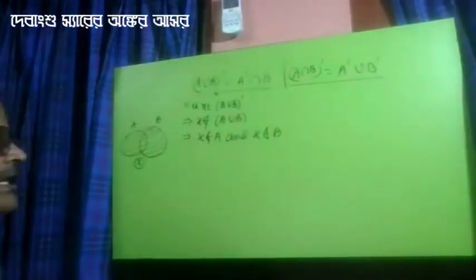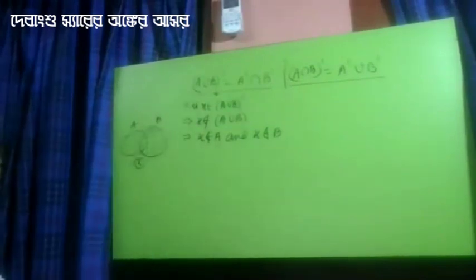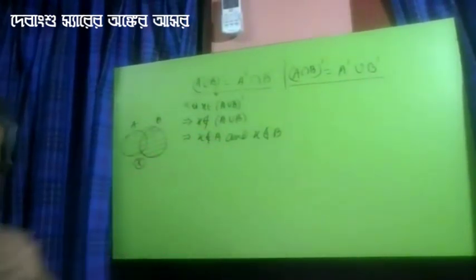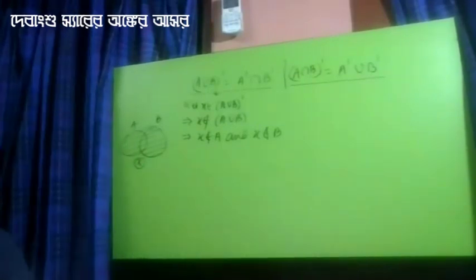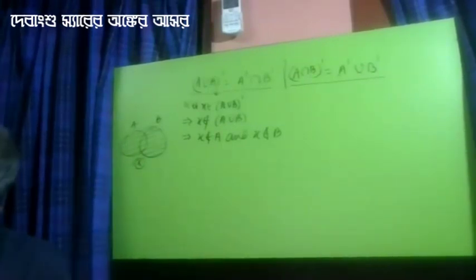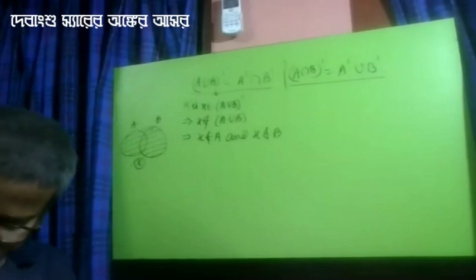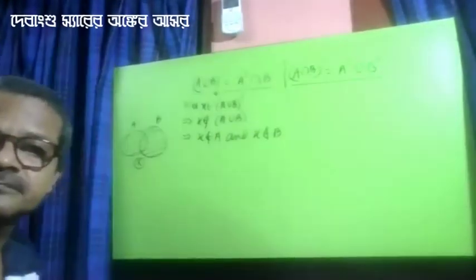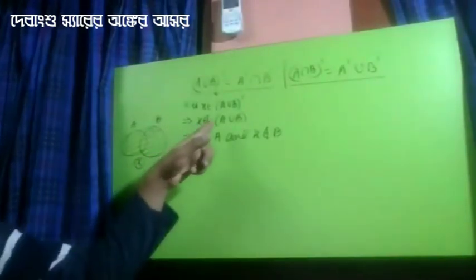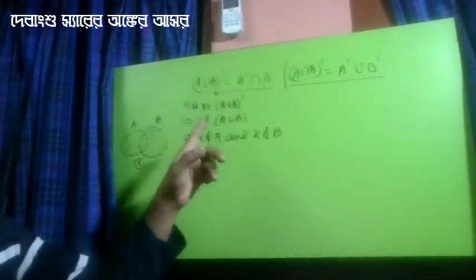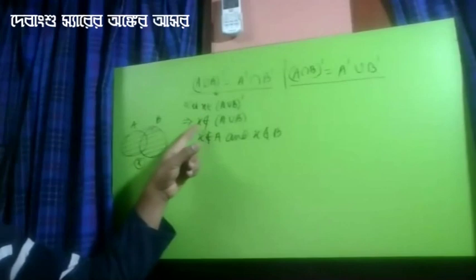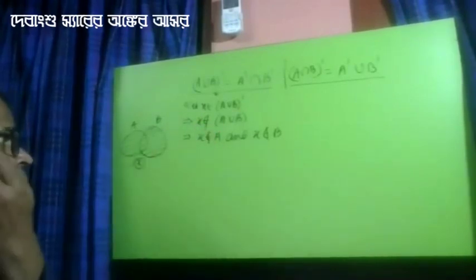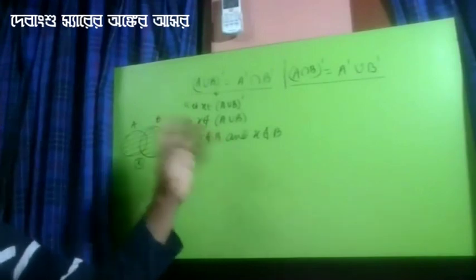We already told that in case of does not belong to, union means and, intersection means or. Now we know that in case of inclusion, that is X belongs to, union means or, but for not belongs to, union means and.